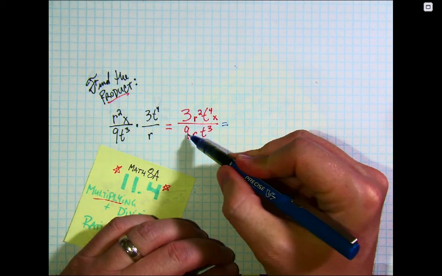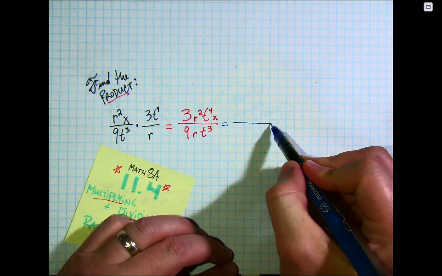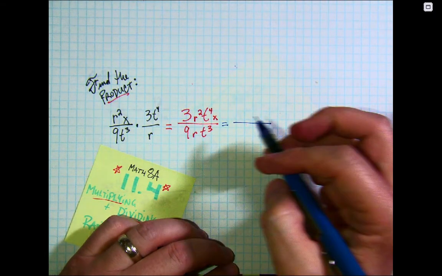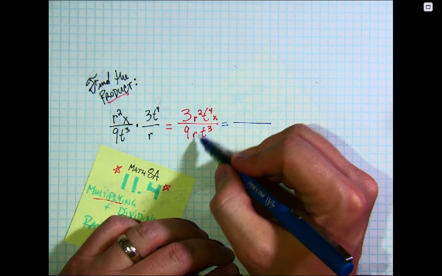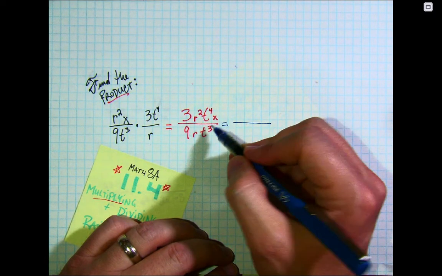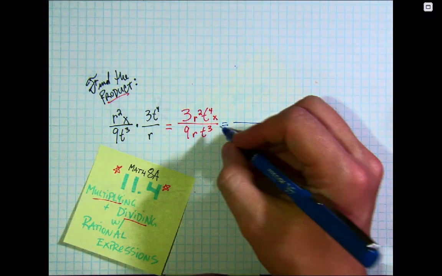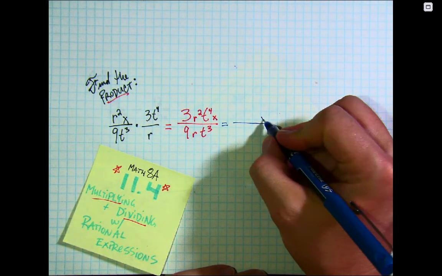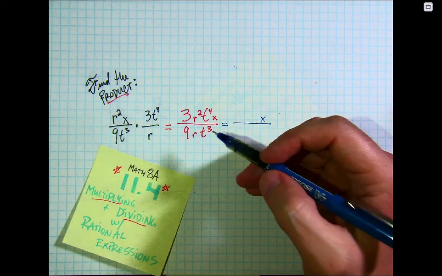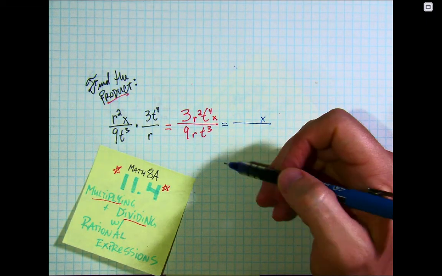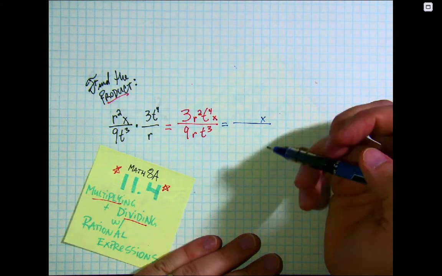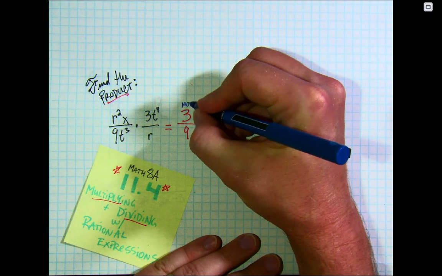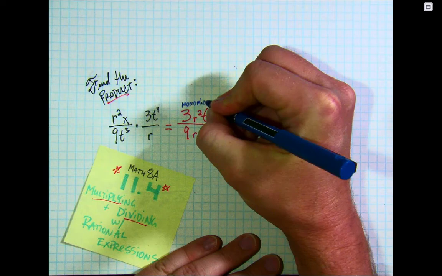The 3 and the 9 can simplify to a 1/3, right? If you've got r squared and r, there's going to be some stuff going on here to simplify, and simplify with the t's. The x is just going to be an x. I think we kind of can see that. But for this problem, unlike yesterday, you can match and scratch the individual parts because this right here is just a monomial over a monomial.